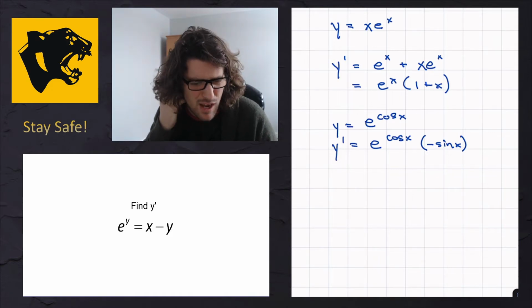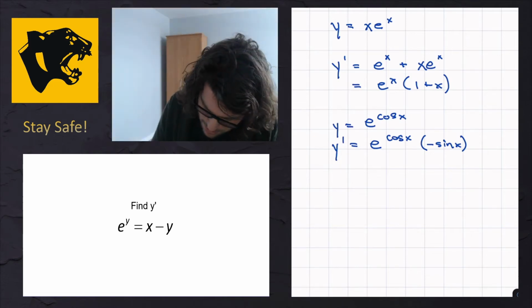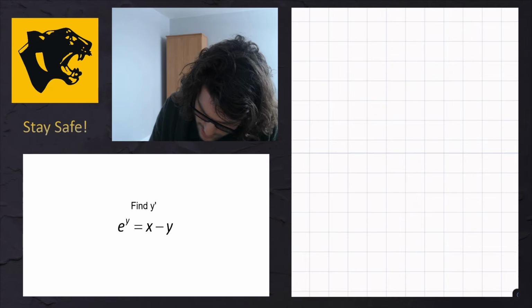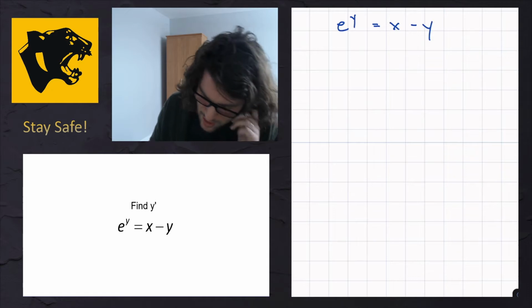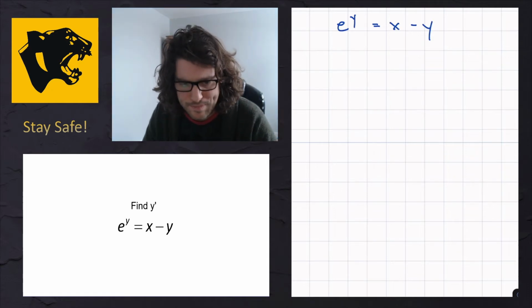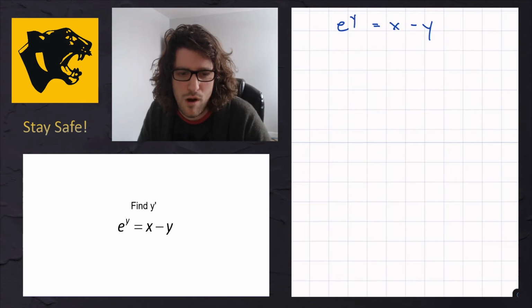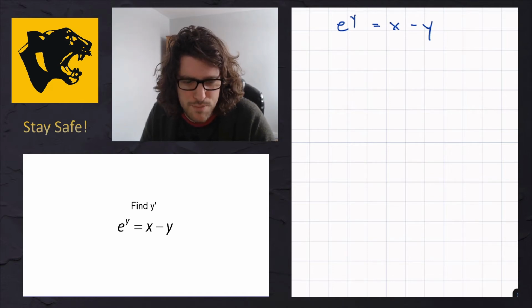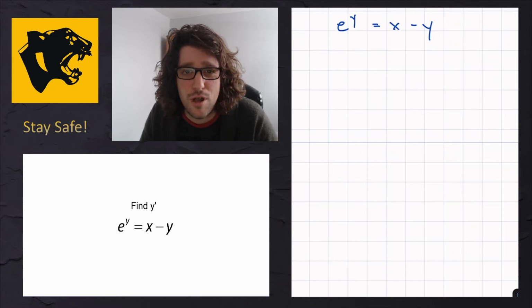All right, so another example, just in this case, we're going to use implicit differentiation while doing this. So I'll start out by just saying that e to the y is equal to x minus y. If we try to get y isolated first, in order to get it out of the exponential function, we're going to have to take a natural log.